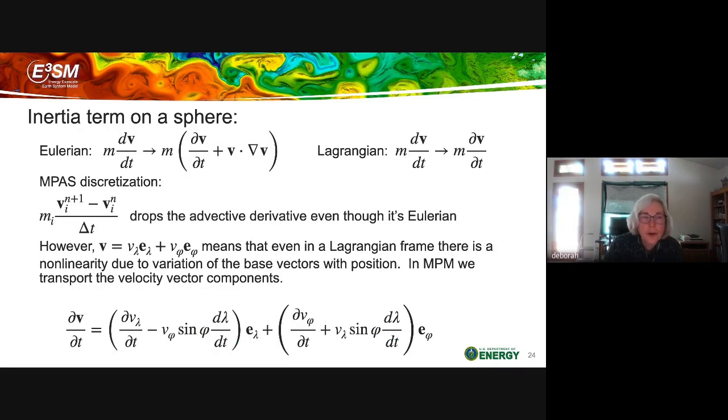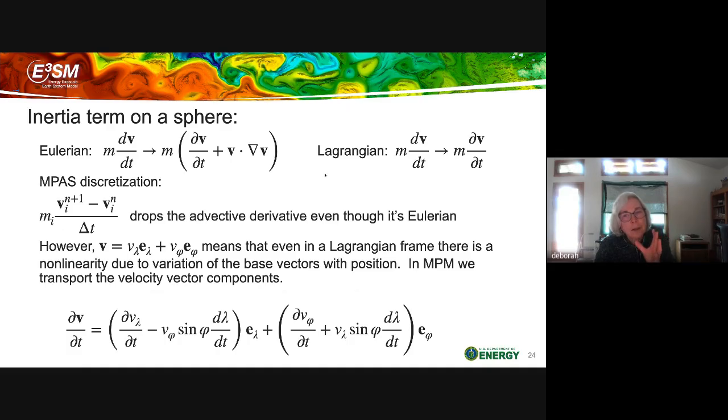The inertia term is a little bit interesting. It's mass times acceleration. In an Eulerian frame, you would have to advect the velocity field. In a Lagrangian frame, you just have a time derivative following a material point without these nonlinear terms.